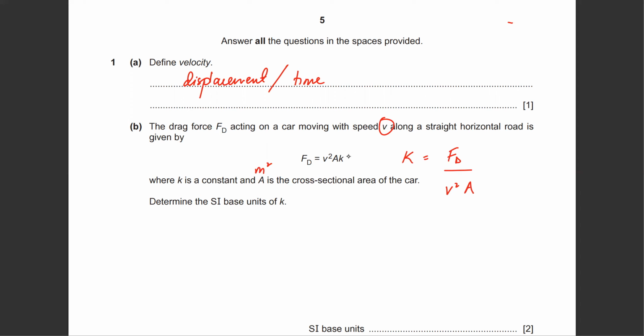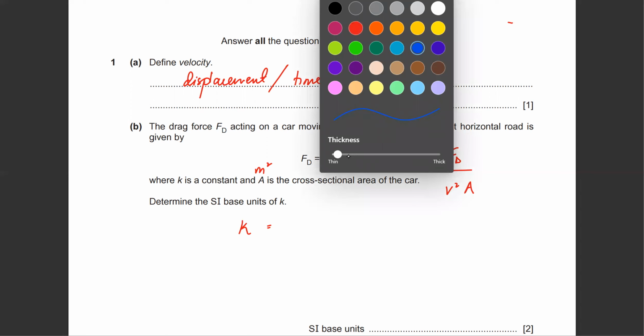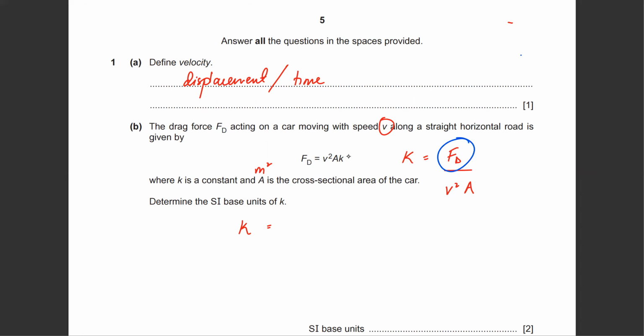So I'm going to just write the base units now. The first thing is how do you measure force? Force is mass into acceleration. So we're going to calculate the base units of force first. So it's mass into acceleration. Mass is in kg.